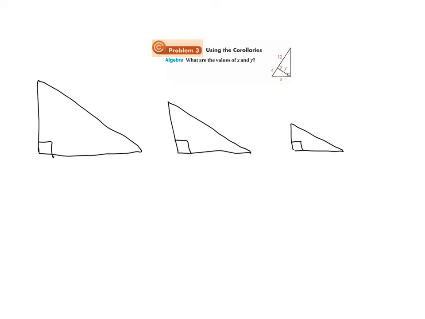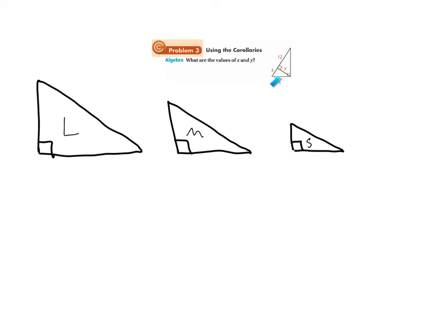So I'm going to have my large, my medium, and my small triangles all set up and ready to go. And now I need to label them. Let me switch up the laser pointer colors here. My small triangle, I'll start with that one.